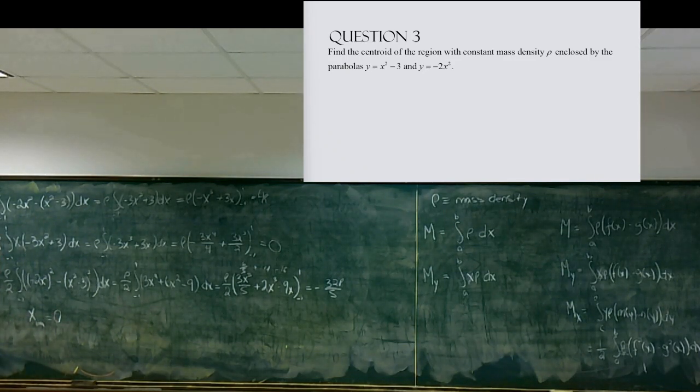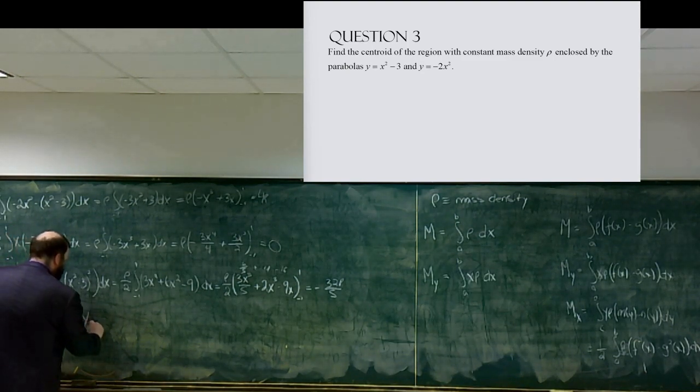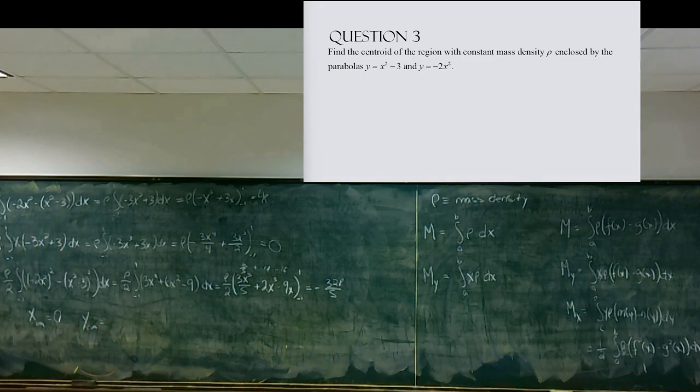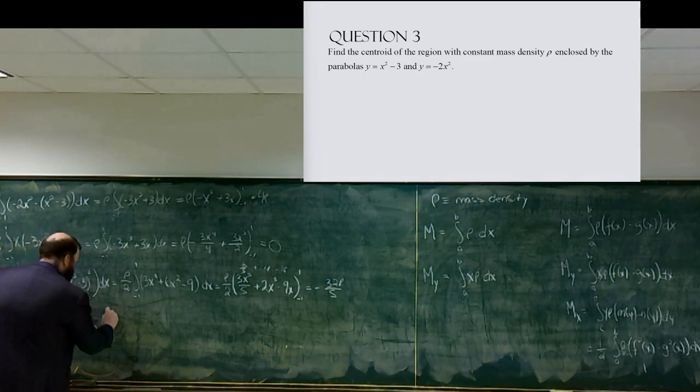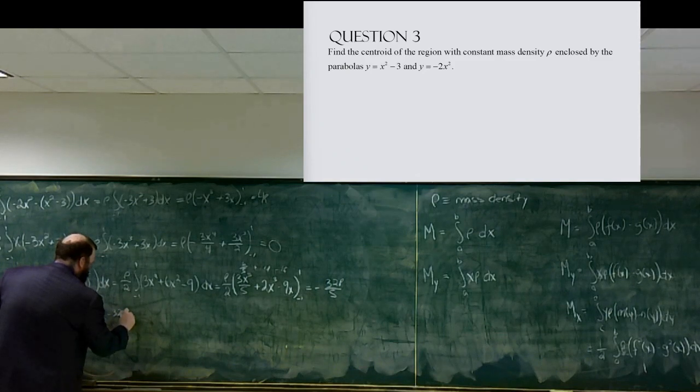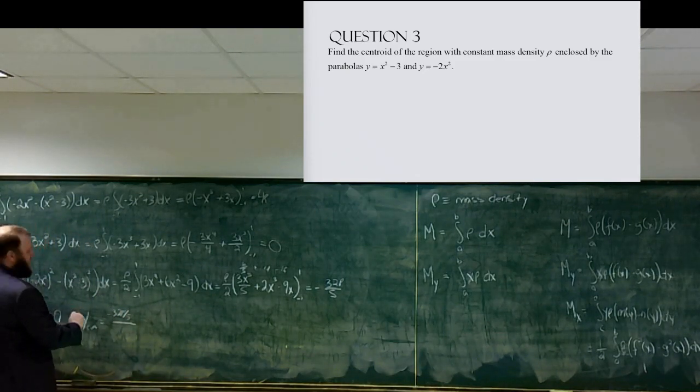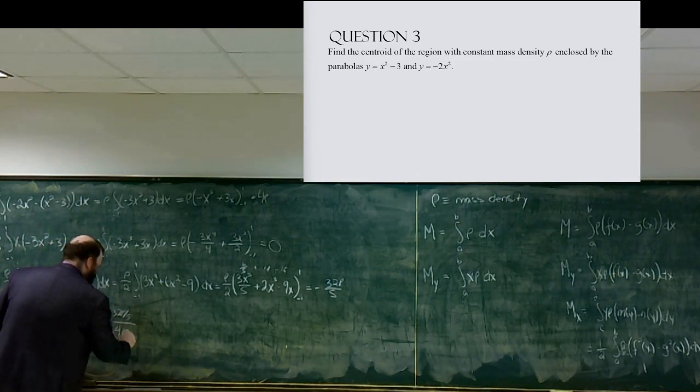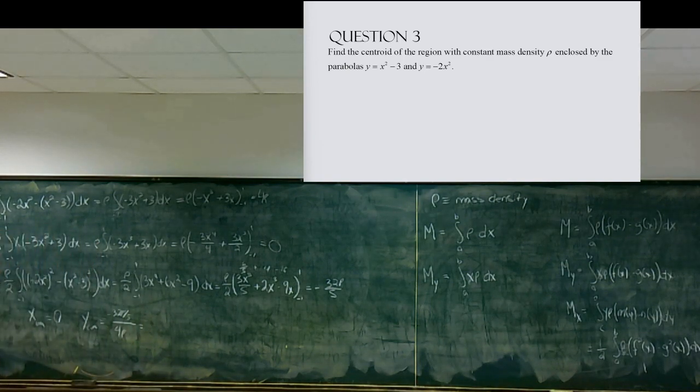It's just 0. The y center of mass. Negative 32 rho over 5 divided by 4 rho. Which is what?